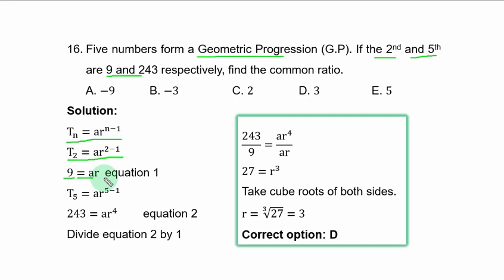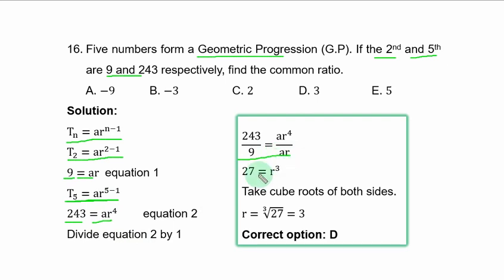You call that equation 1. At the fifth term, you replace n with 5 in the nth term formula. The fifth term is 243, equal to a r power 4. Divide equation 2 by 1 in this form.